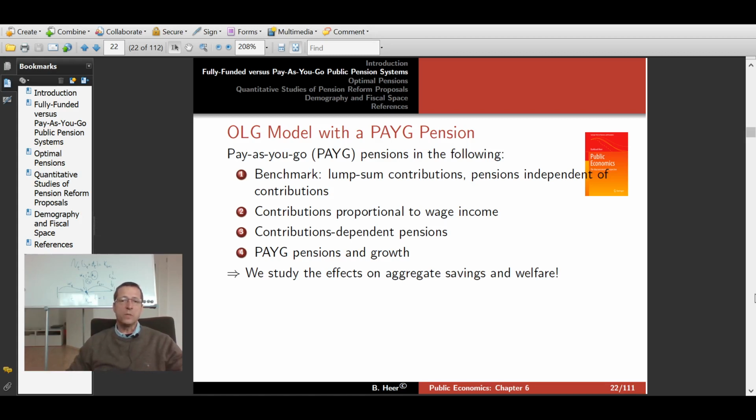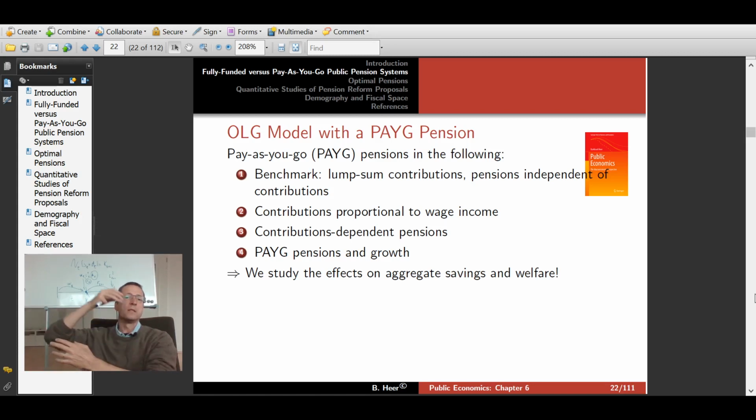And finally, we are interested in the effects of growth. Why is this important? Well, the return from the pay-as-you-go pension system is basically the population growth rate. So let's assume that I pay taxes, so social security taxes, so that the retirees right now get a pension.